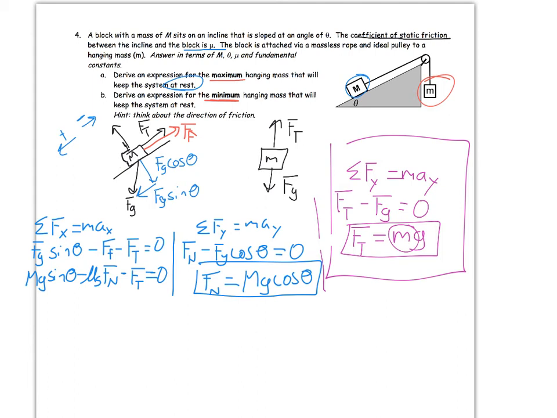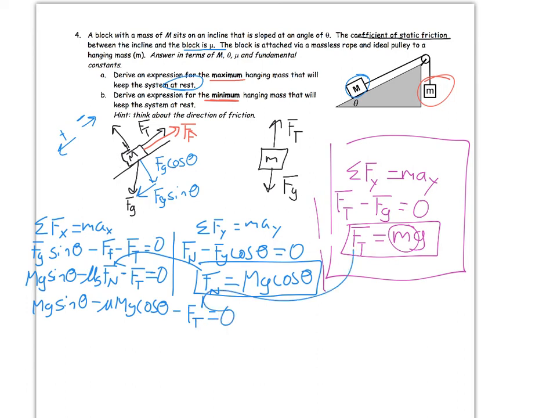I can move this Fn over, okay? And so what I end up getting then is big mg sine of theta minus mu times big mg cosine of theta, and again, I'm just plugging in for the coefficient of friction that I was given up top there, minus Ft equals 0.